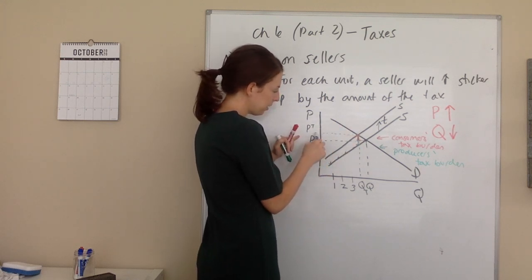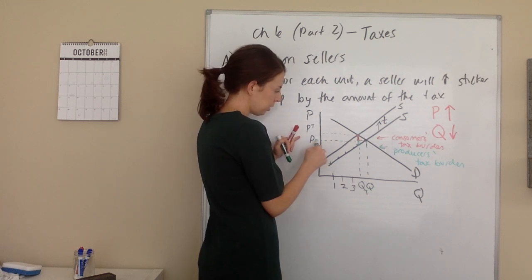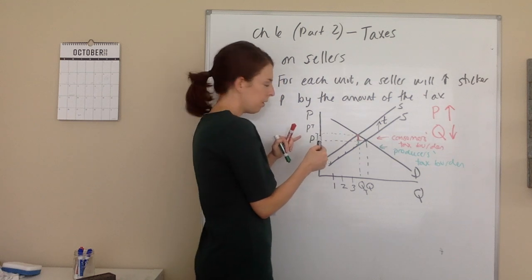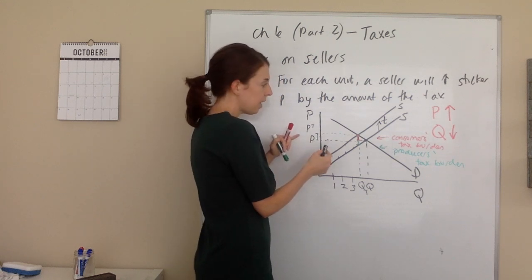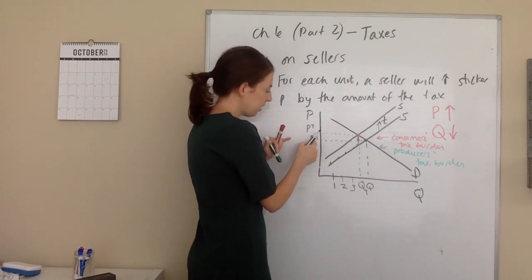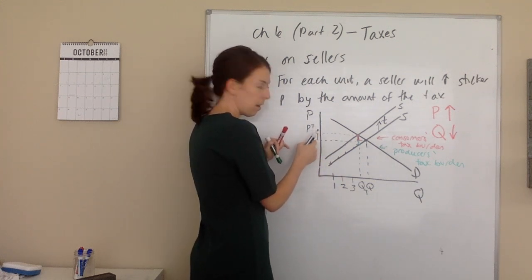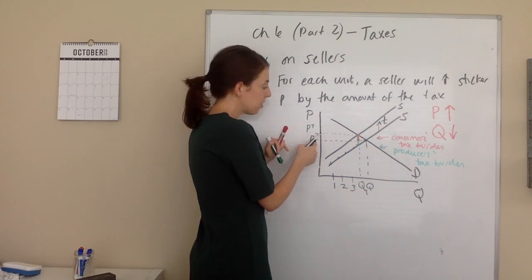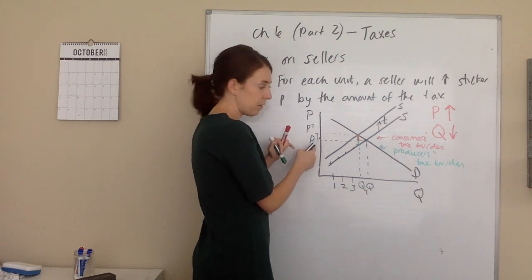So Publix used to be bringing in P dollars per bottle. Now they're bringing in PT dollars per bottle. So they're making more, but they're the ones that have to write the check to the government. So they're going to take this excess amount they're getting per bottle, but then they have to subtract from that the whole amount of the tax.